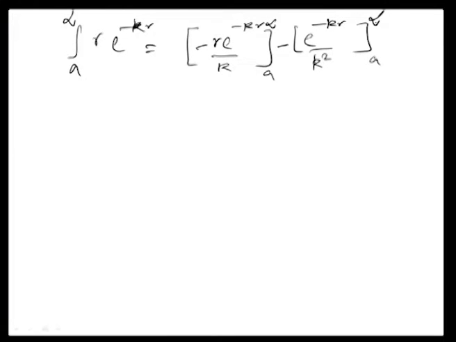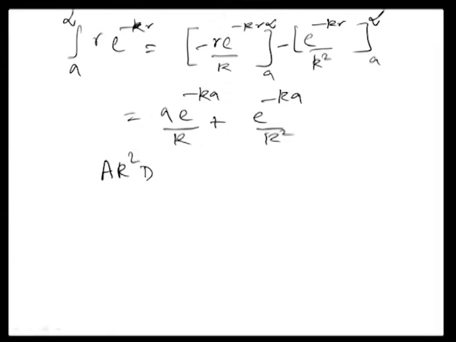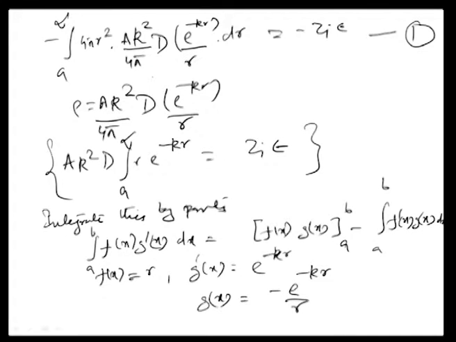This can be further represented as a e to the power of minus ka by k plus e to the power of minus ka by k squared, and we can have a k squared times d times e to the power of minus ka by k, because we are just substituting this result into the equation formulated earlier, equation 1.